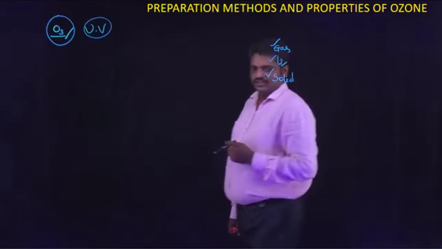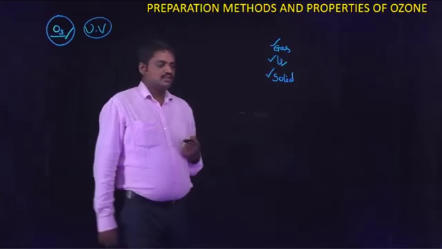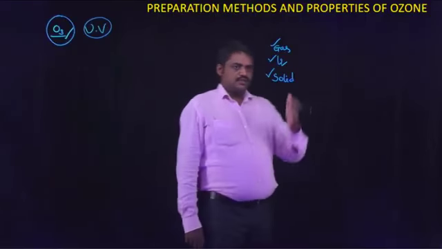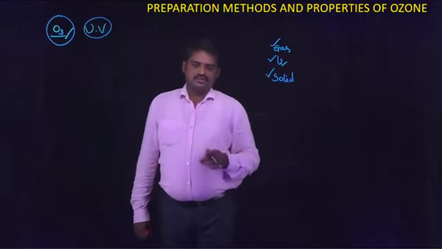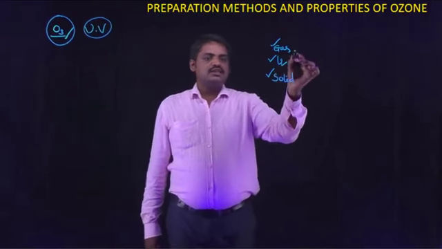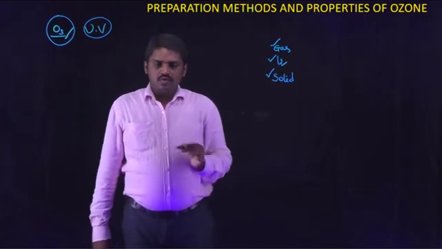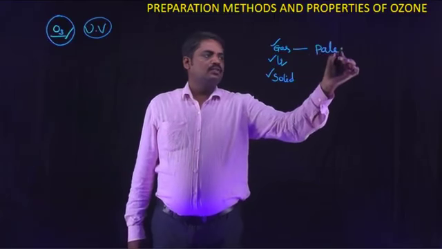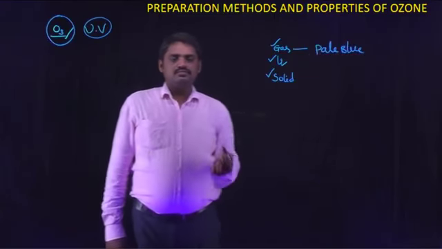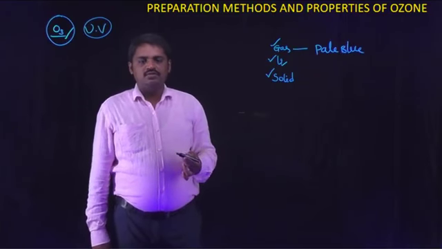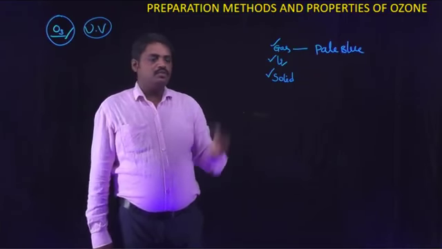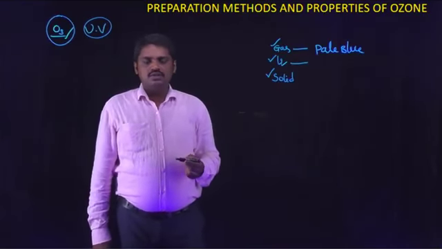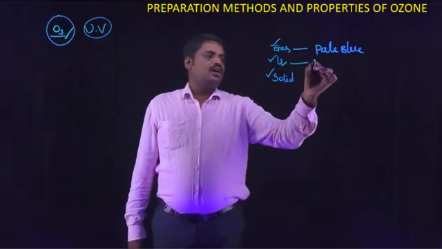Next, this molecule exists in three forms in nature. The first form is gaseous, the second is liquid, and the third is solid. The gaseous form of ozone exhibits a pale blue color, and the liquid form of ozone exhibits a dark blue color.